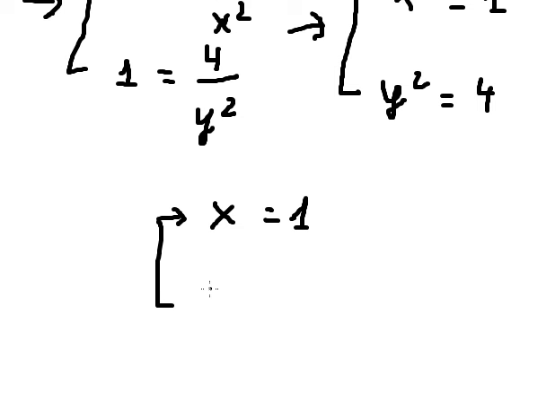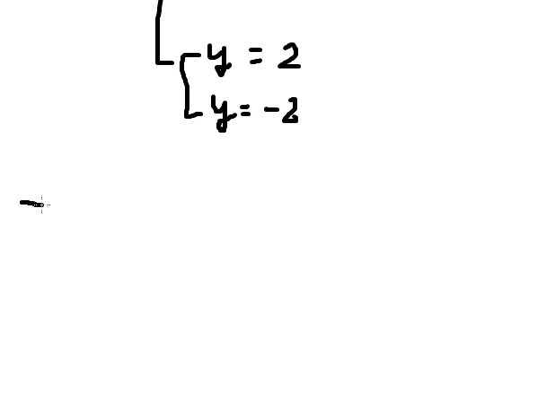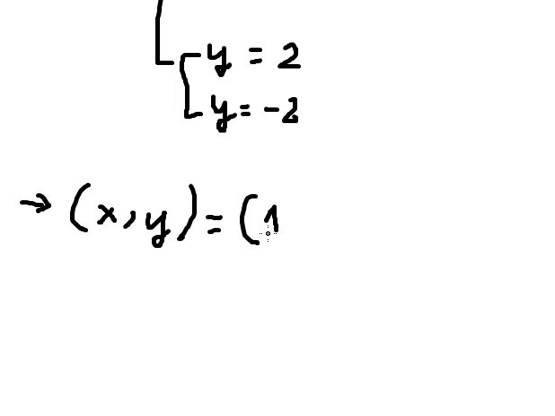About this one, we will have two solutions of y. That is y equals number 2 and y equals negative number 2. So in this situation, we have two solutions. That is 1 and 2, and 1 and negative 2.